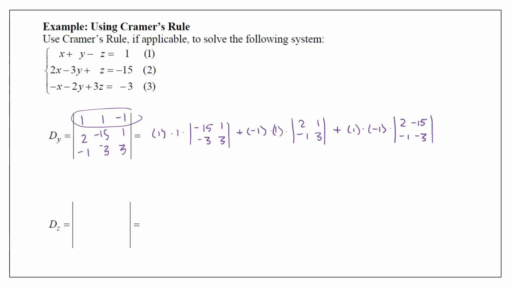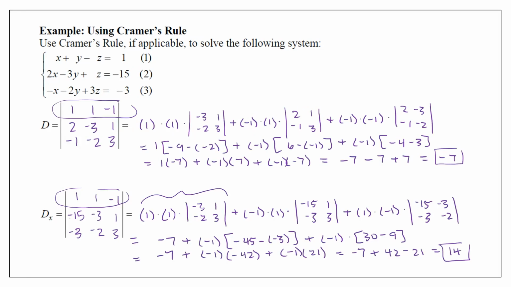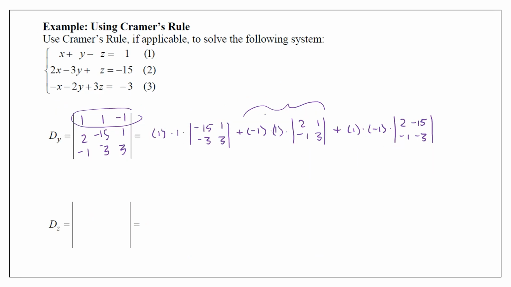Now, in this case, our second term is similar to the second term that we found when we evaluated the determinant D. And we know that that equals negative 7, as we got right here. So this term is the same, and we can already state it as negative 7 when we are simplifying.